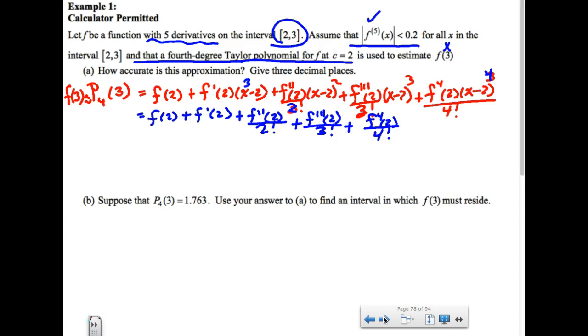I am looking for how accurate that is. Remember when I drew that green curve, how close is it to the actual function f of x?